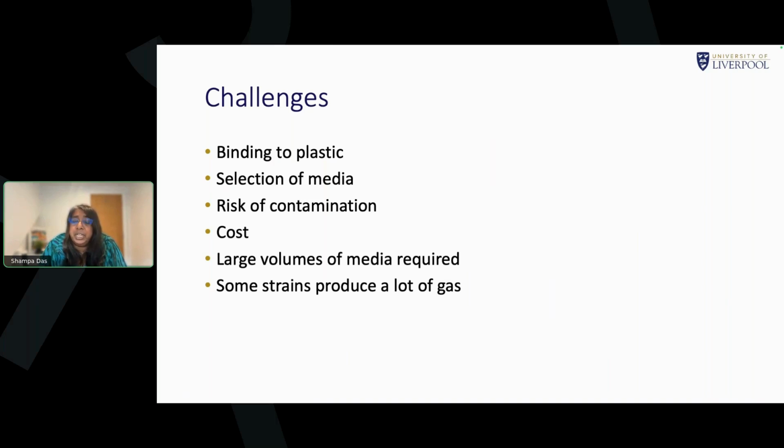They're not cheap. Actually, sometimes it would be cheaper to do these things in animals because the cost of the hollow fiber cartridges themselves is quite significant. And then on top of that, you use very large volumes of media. And then you have some issues with the strains you select. So it isn't completely that any strain can be taken into the hollow fiber. Some strains can produce quite a lot of gas, and that can be problematic in your system.